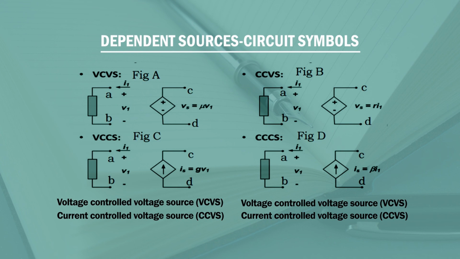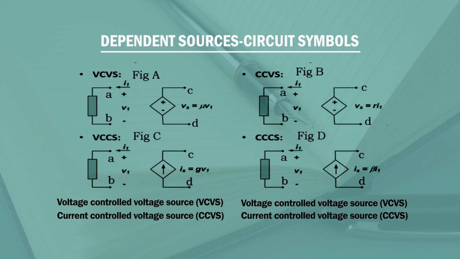Here you can see in the figure, the voltage across terminal C and D, that voltage Vs is written as mu V1, where mu is a constant and V1 is the voltage across terminal AB of another branch.